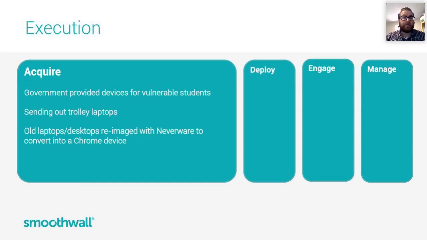Your schools might have laptop trolleys and things like that that you can send out to students that need them. You might even have old laptops and desktops that you can re-image with Windows, or there are tools like Neverware which can convert them into a Chrome device. A Chrome device being much more straightforward and easy to manage remotely.